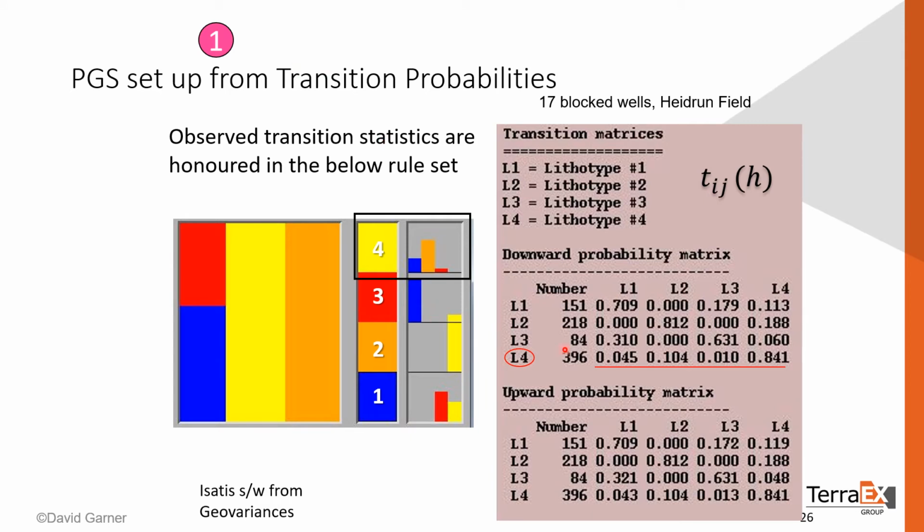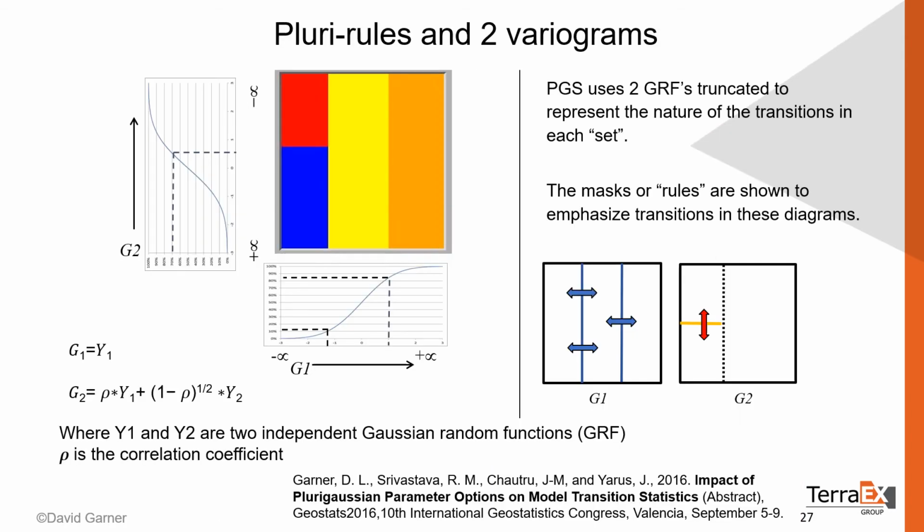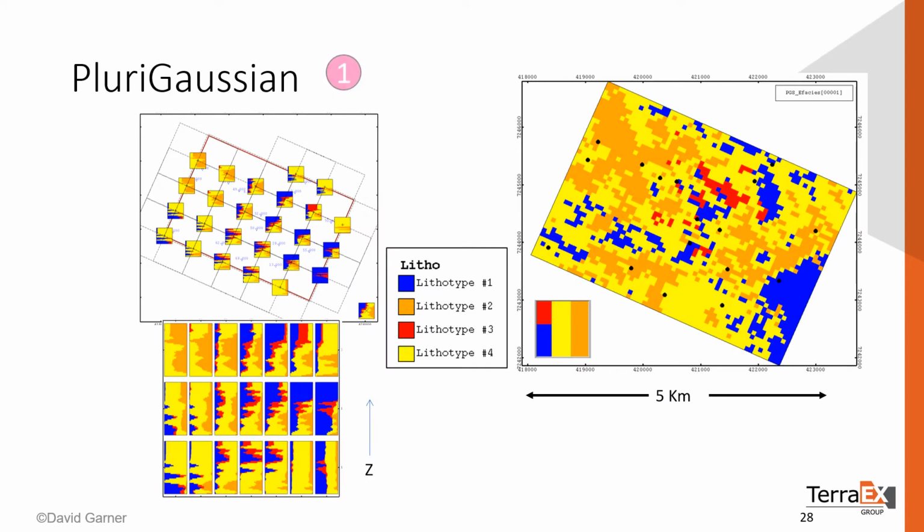So the setup then is shown there, and just to reiterate, we have the 2 Gaussian random functions, and the truncation sets here, slightly different transition set here. And this slide actually was from another talk I gave the next year at the Geostats Congress, where I go directly, like it's all about Gaussian.